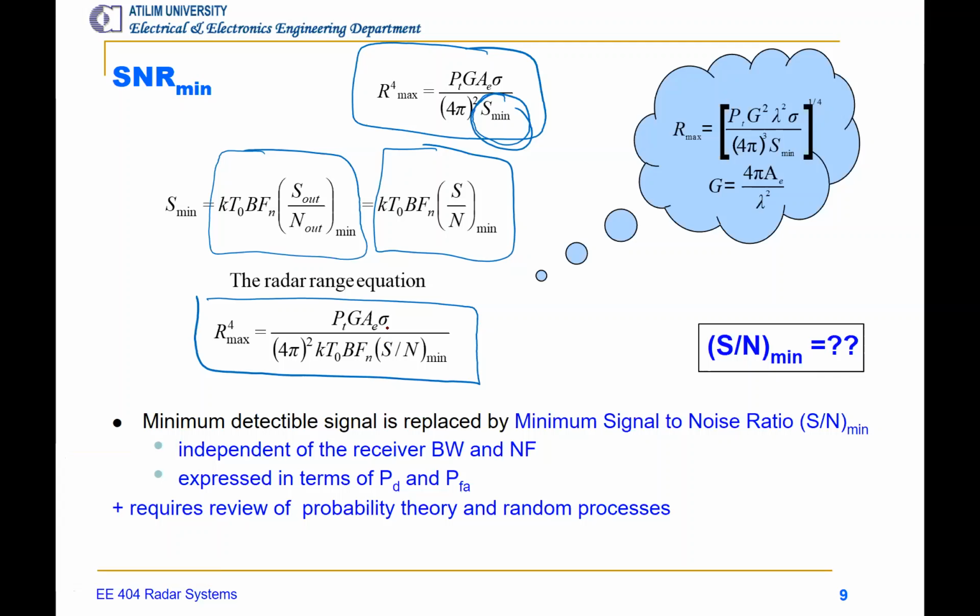Here, we have added some new parameters, right? One is the bandwidth, which is not available here. The other one is noise figure, not available in the previous version, and minimum SNR. Now, we simply replace minimum detectable signal by these three parameters.